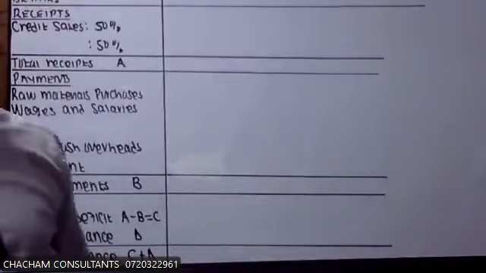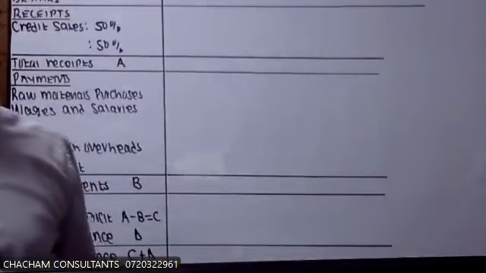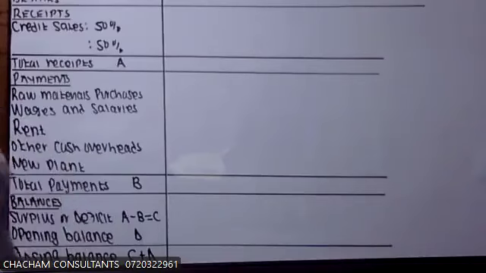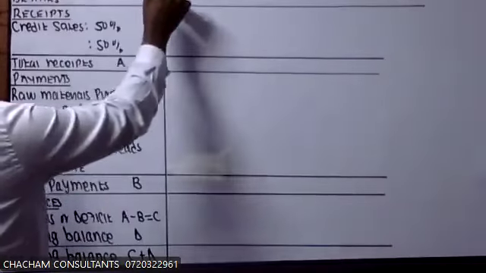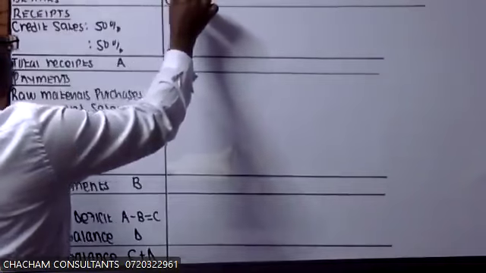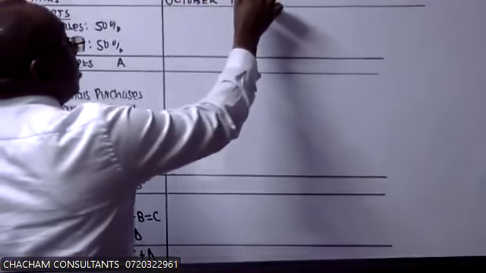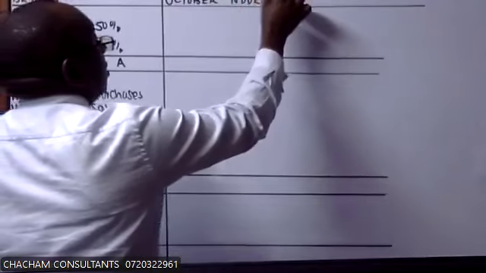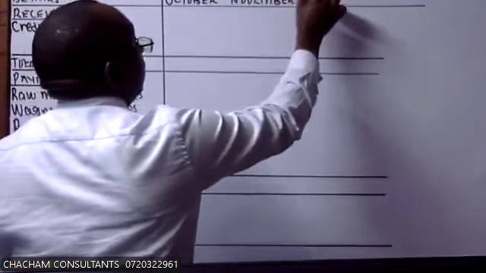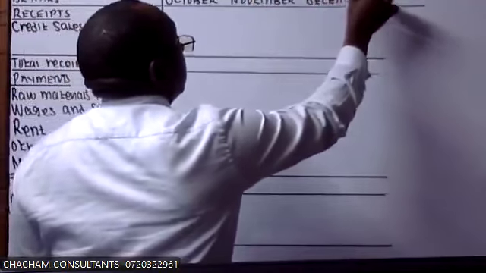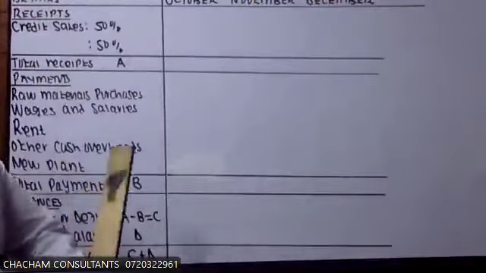So we are told for the 3 months ending. So that is the month of October, the month of November, and the month of December.